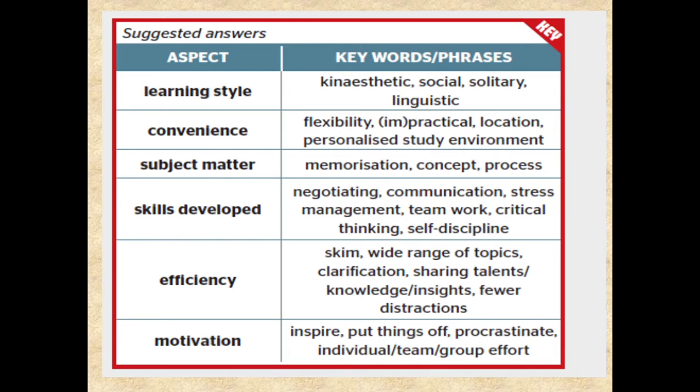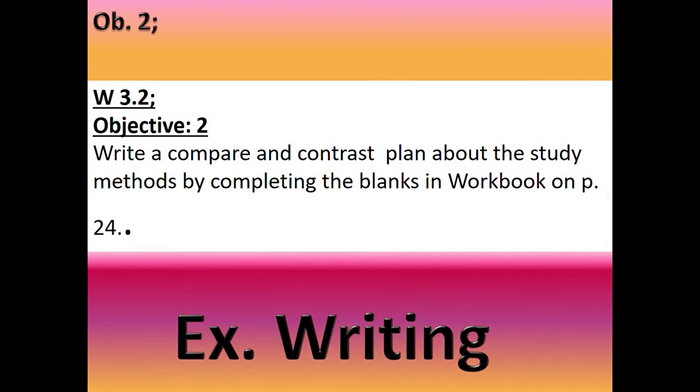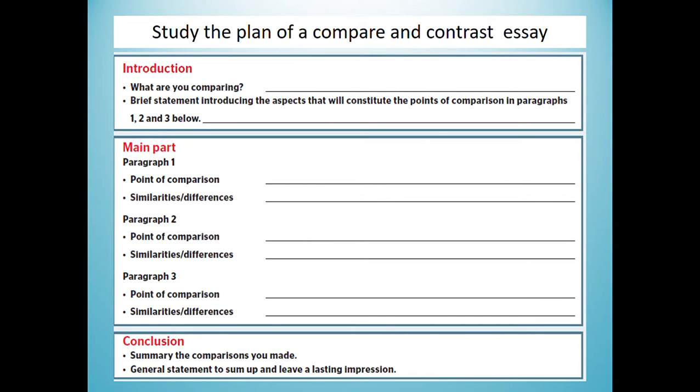And now, write a compare and contrast plan about the study methods by completing the blanks in your workbook on page 24. Now we will start with our planning. How can we start the plan? This is your plan in your workbook at page 24.